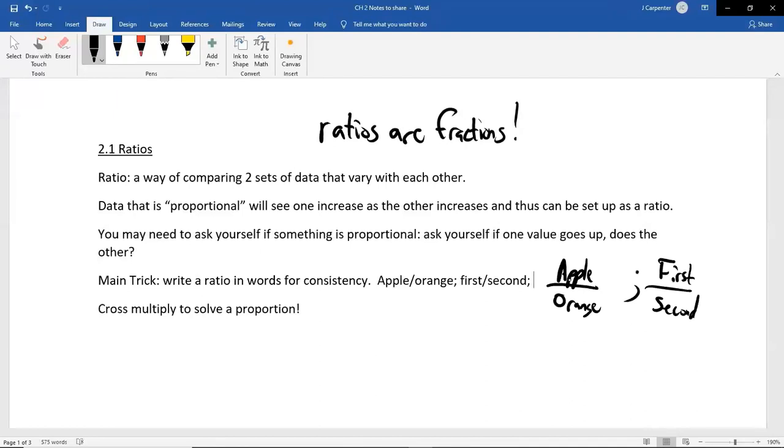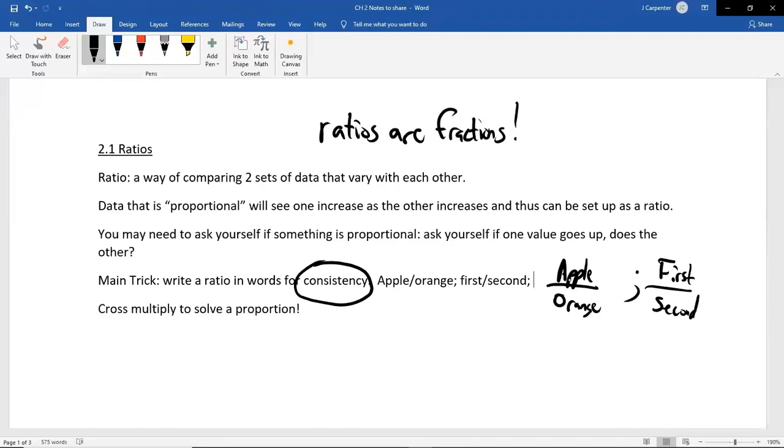That's the beauty of ratios and proportions, is that when you're dealing with proportional relationships, you could write apple over orange, or you could write orange over apple. You just have to be consistent. Writing the words out top over bottom is going to tell you where to put your numbers. So say we got a problem with 2 apples and 3 oranges.